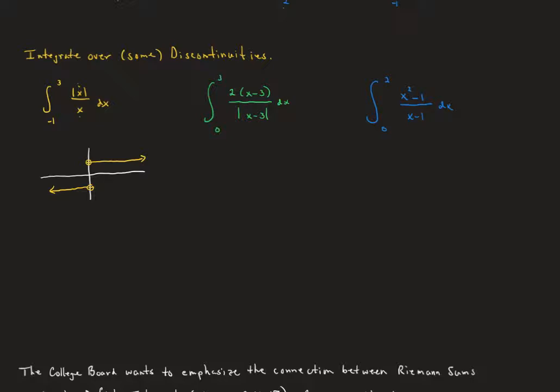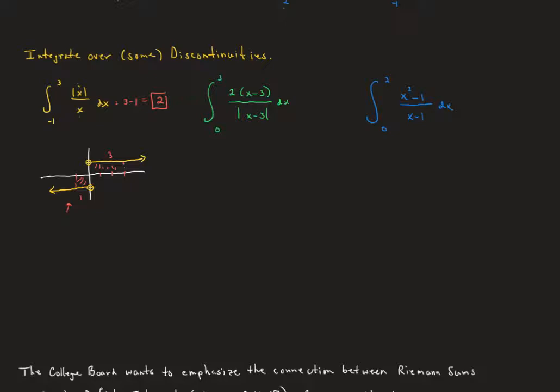Then we can consider an area argument. If we're going to go from negative 1 to 3, then we can see that this area is going to be 1, this area is going to be 3, and since this area is below the x-axis, that's going to get counted as a negative, so we'll get 3 minus 1, or we can say that integral is 2.